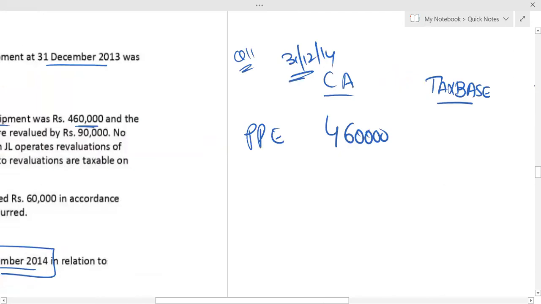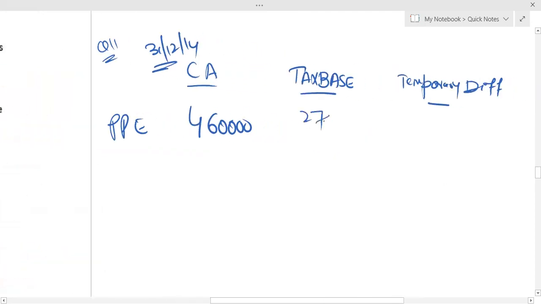Tax written down value is the tax base. So it means 4,60,000 minus 270, which gives 1,90,000, a taxable temporary difference relating to property, plant and equipment.